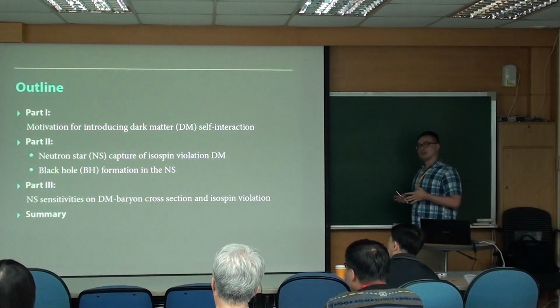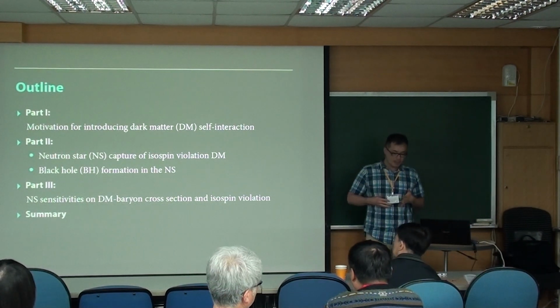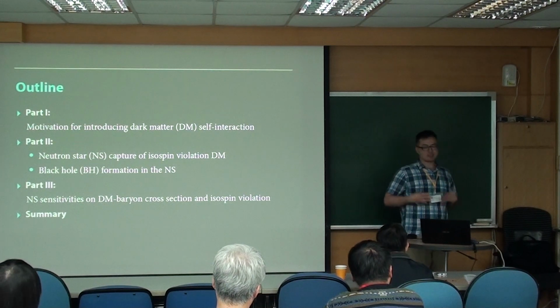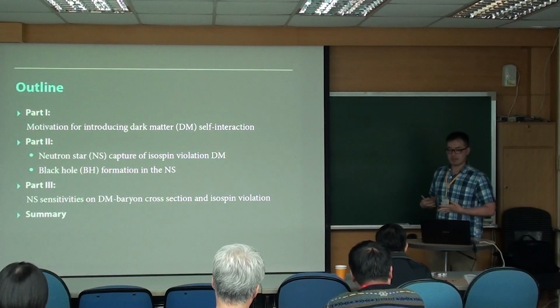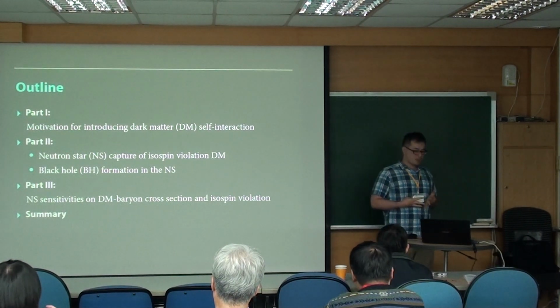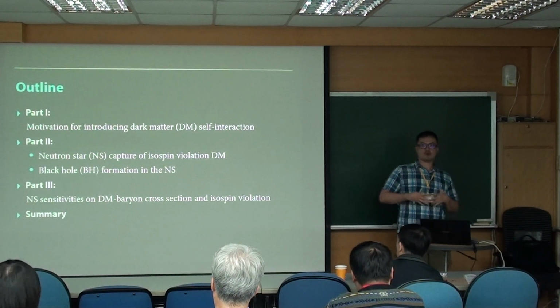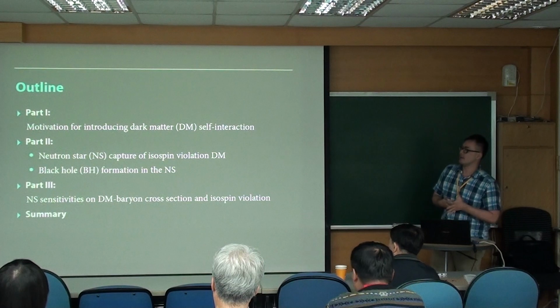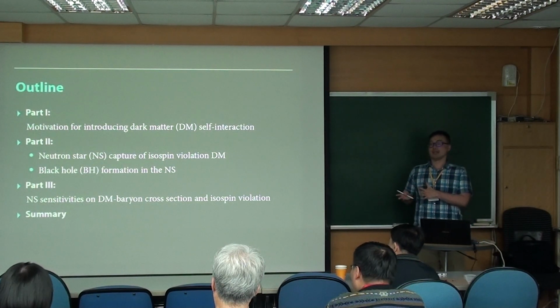On the other hand, if a neutron star keeps accumulating dark matter particles inside it, in principle, this bunch of dark matter particles could form a black hole and then consume the entire star.